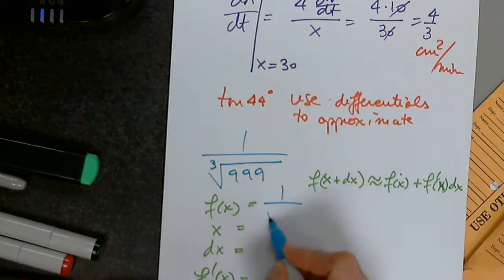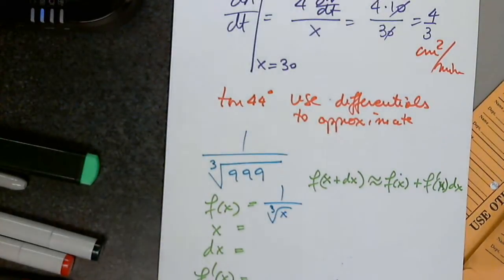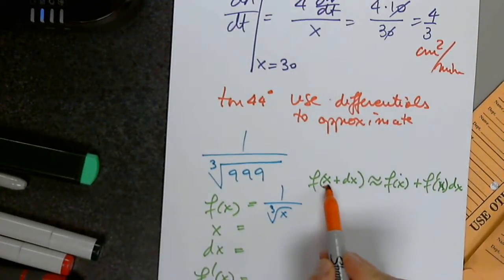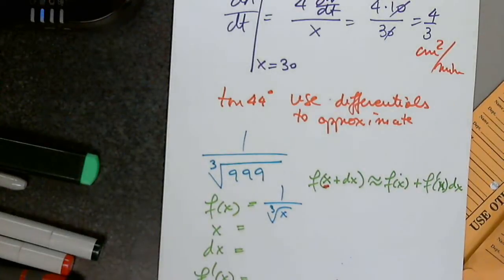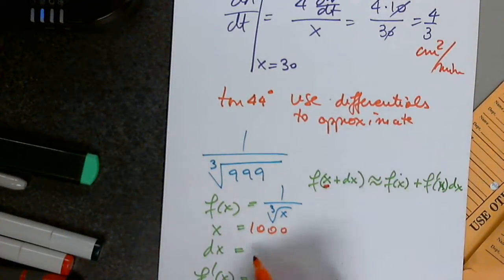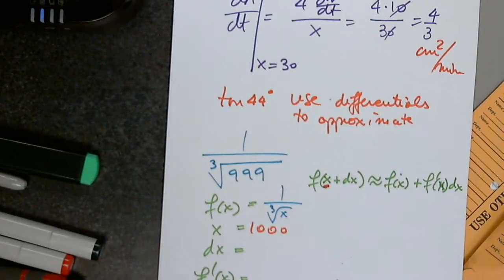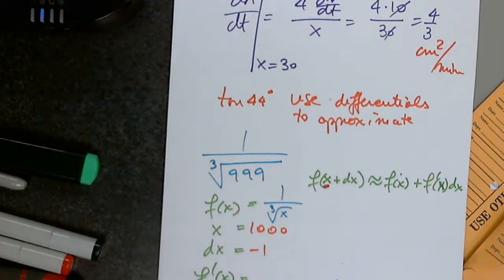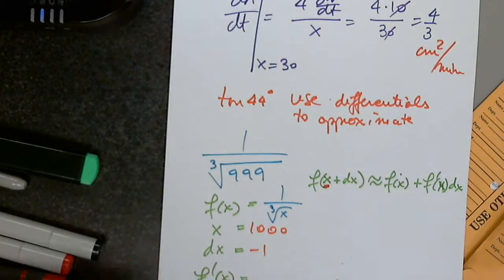Very good. 1 over the cube root of x. Perfect. Can anyone give us x? How much? No. x is not 999. Very good. Excellent. How much is dx? Perfect. Now I want to find f prime.